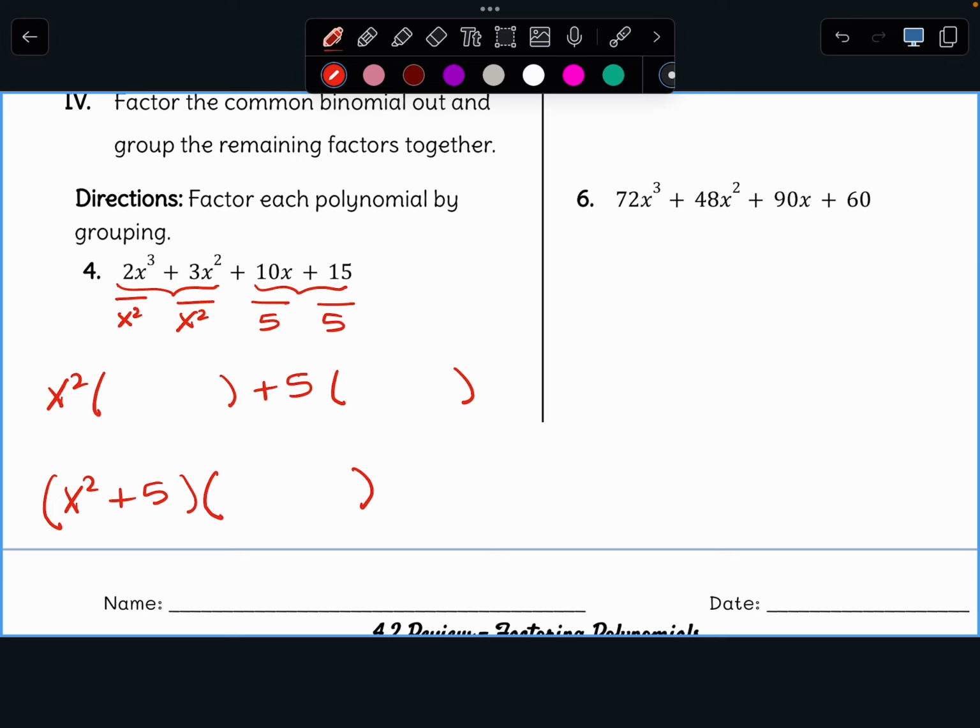So if you can do both of those correctly, that's probably a 1.